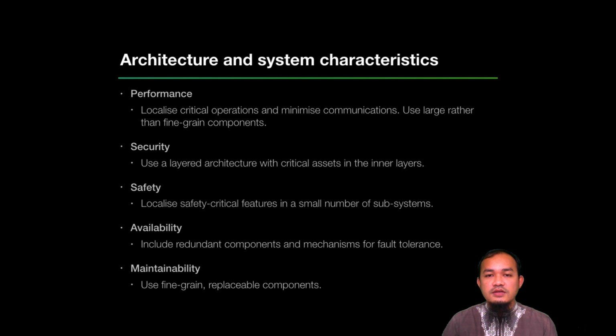The system characteristics or quality characteristics that you have to consider when you make an architectural design decision are, first, performance, second, security, third, safety, availability and maintainability. You have to consider these when you choose any architectural model or architectural style, because different styles and models favor different points.